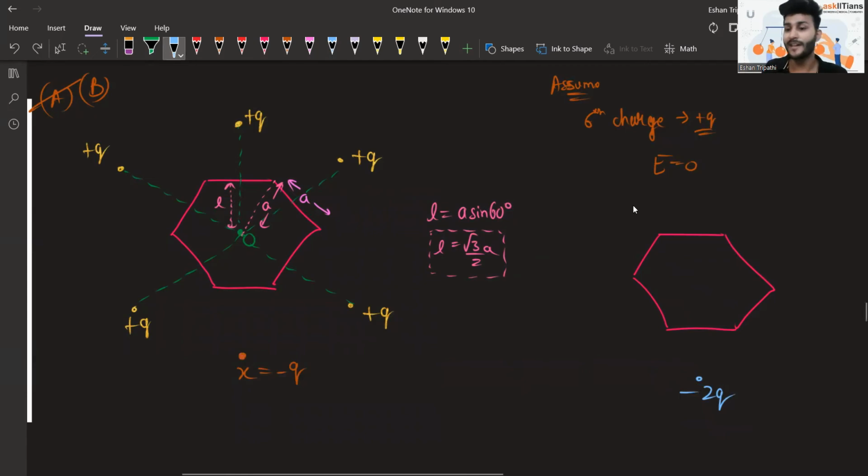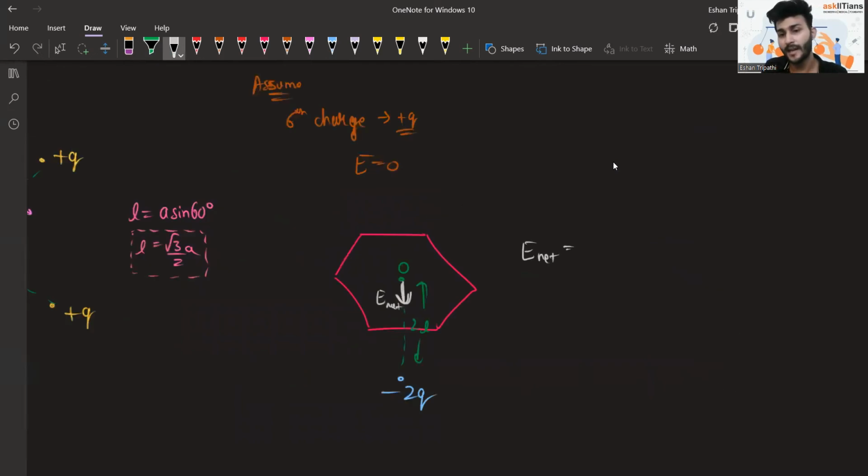So if you find out the electric field at point O, just because of this minus 2Q, you get the answer. So this distance was 2L. So electric field, because of this, others have cancelled in the previous setup. Here the net electric field is going to be KQ by distance square. So net electric field is K into charge 2Q, divided by this distance 2L square.